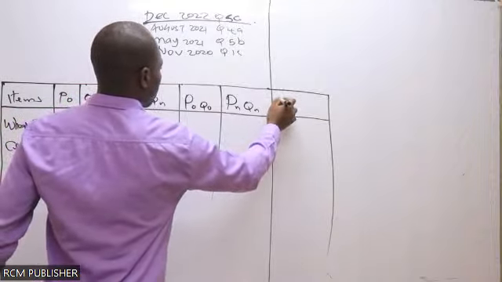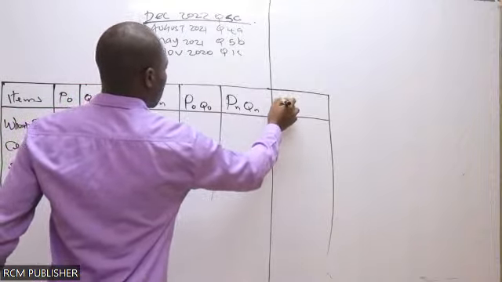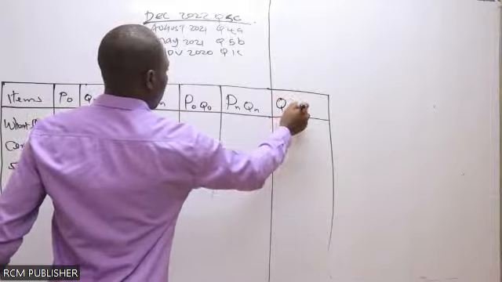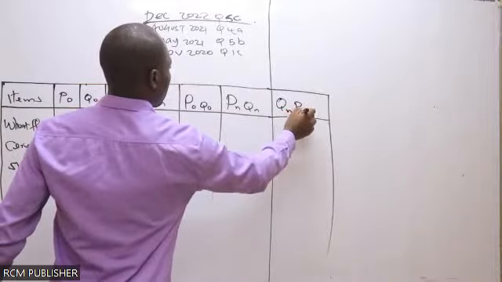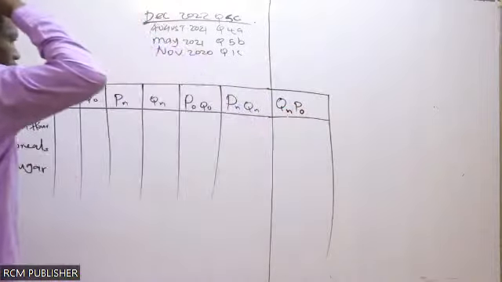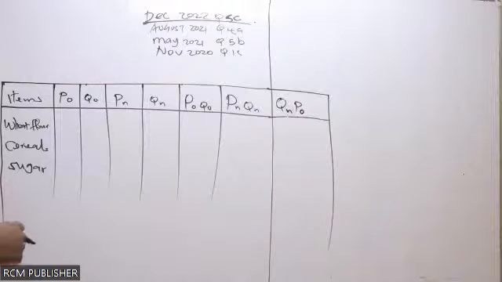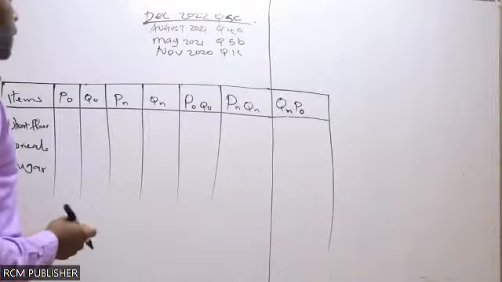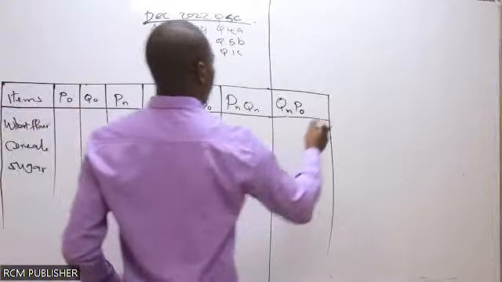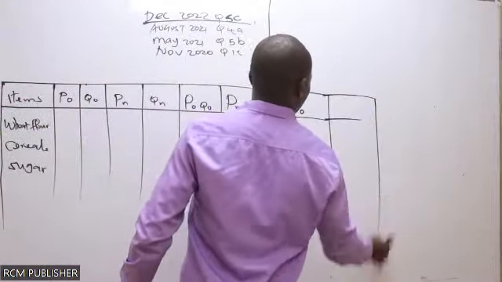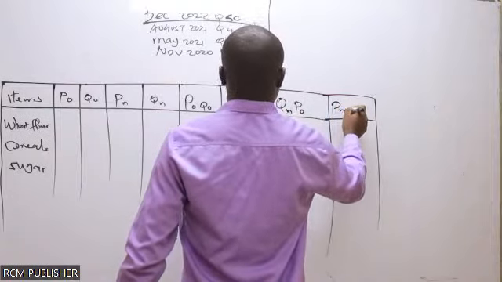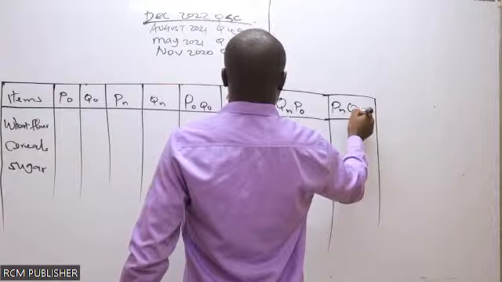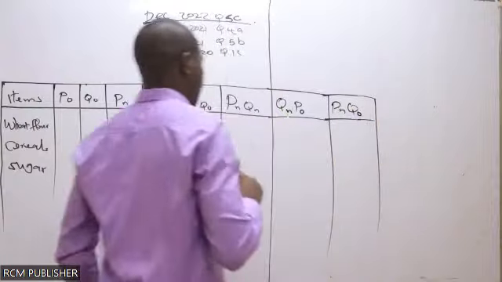And then QO, PN, QN, PO. We still need another column for PN, QO.